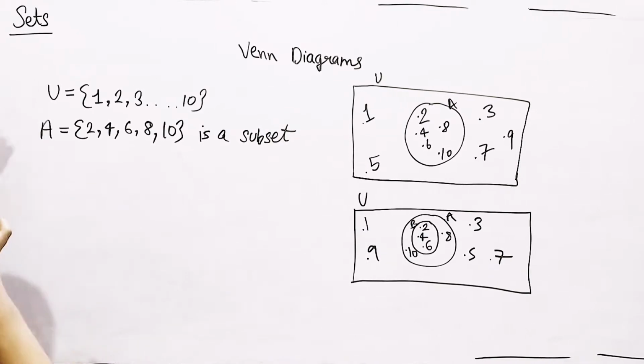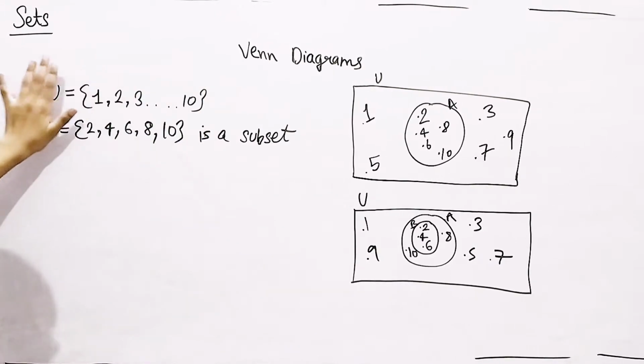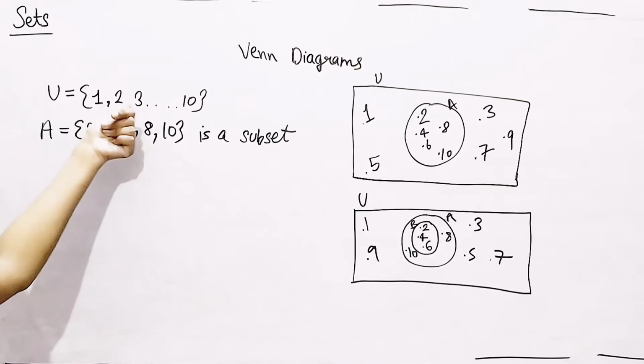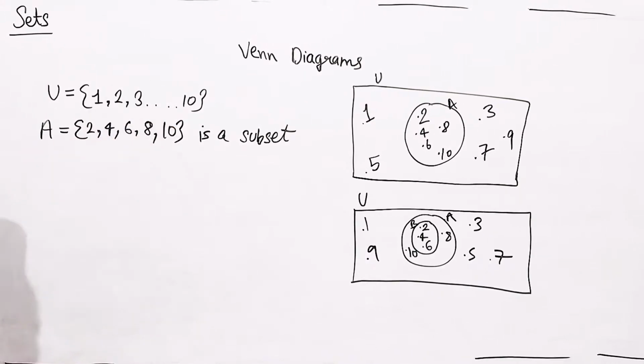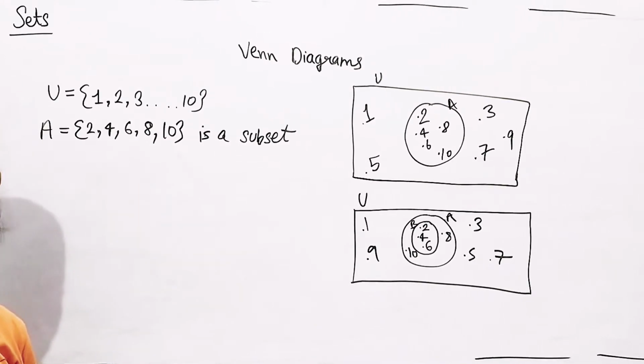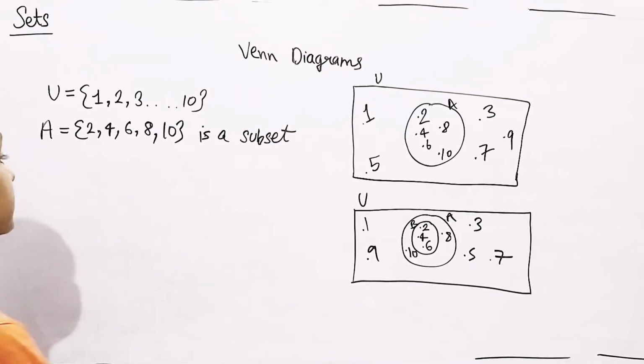So A is a subset of the universal set, and the elements 1, 2, 3 and so on are actually the subsets. And 1, 2, 3 till 10, I can say that these all are natural numbers. So of course, I can say that set A is a subset. Got it? And that's it for this one.